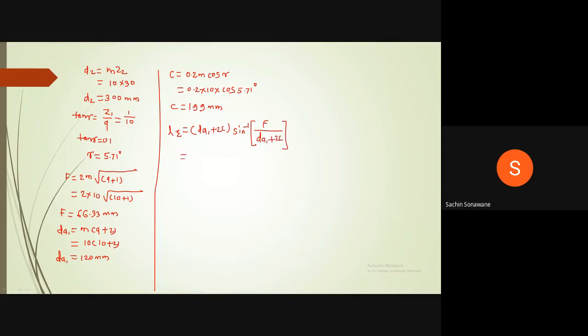Which is equal to 120 plus 2 into 1.99 into sine inverse of 66.33 divided by 120 plus 2 into 1.99. Therefore, calculate this value.